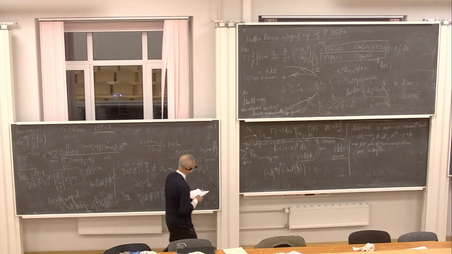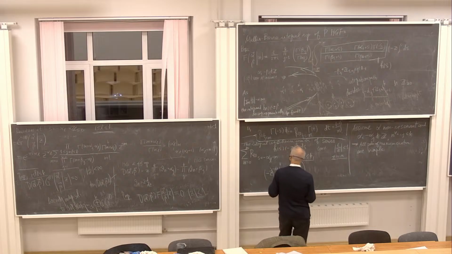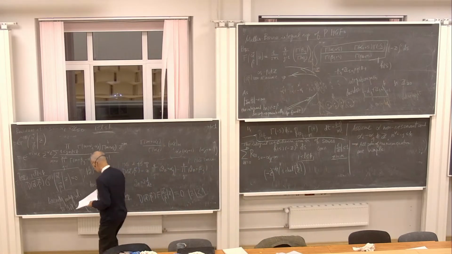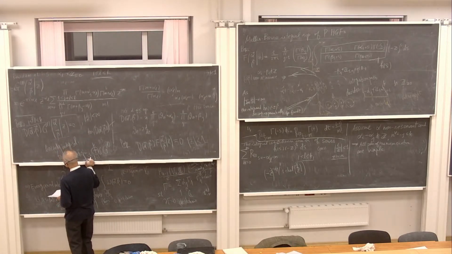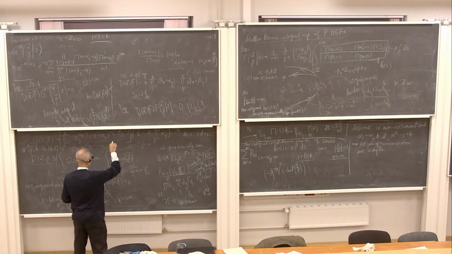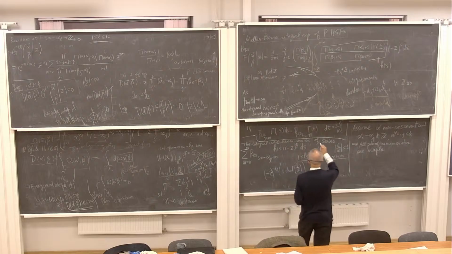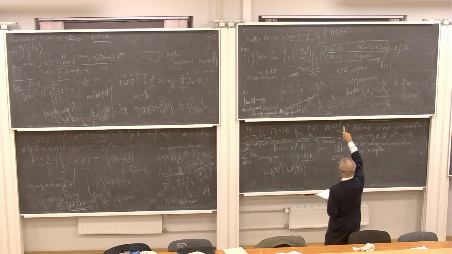is given by this linear combination of hypergeometric functions. Our task is to get the exact expression of these linear combination coefficients. But as you see, you can do it.